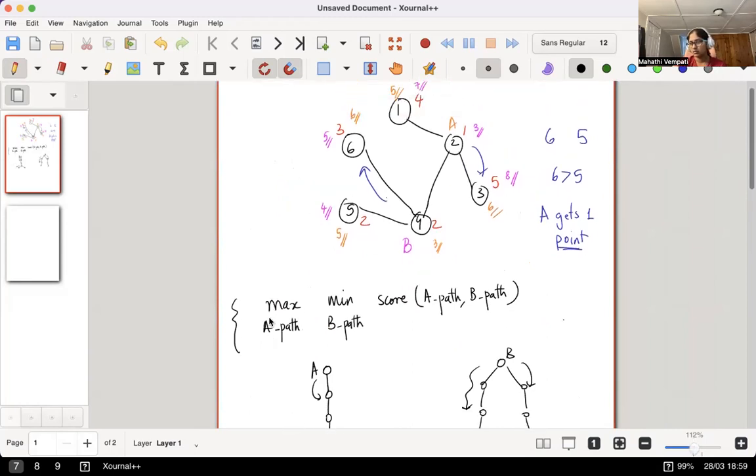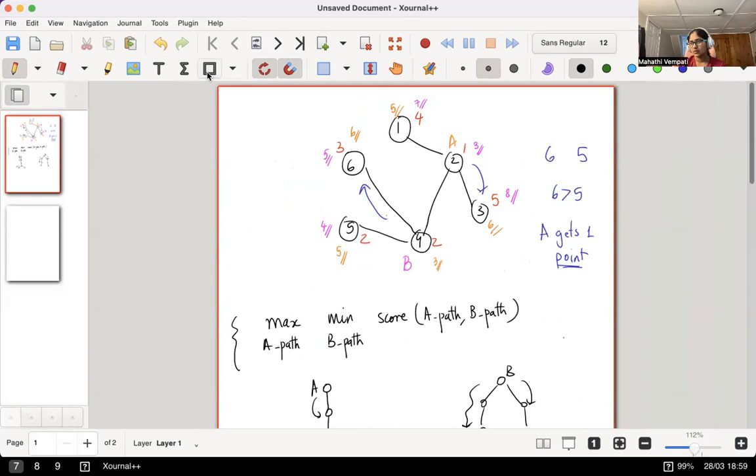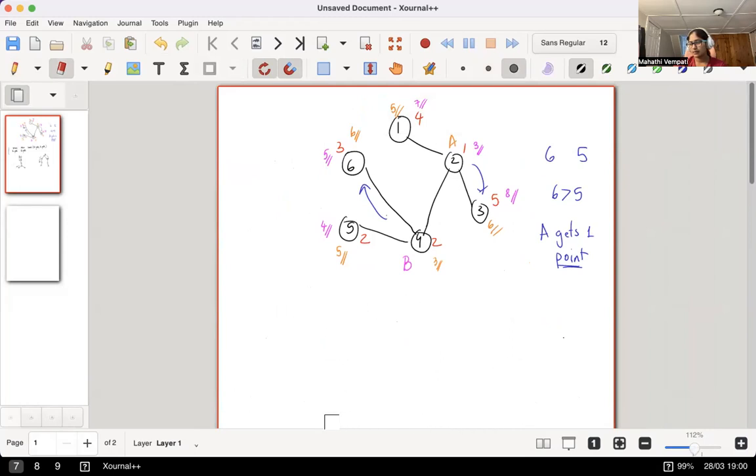Okay, it's fine. So what I care about is A's position being 2 and B's position being 4. So f of 2 comma 4.